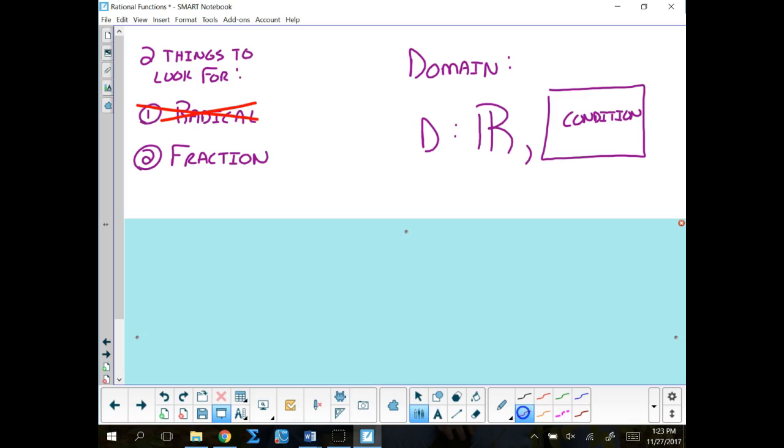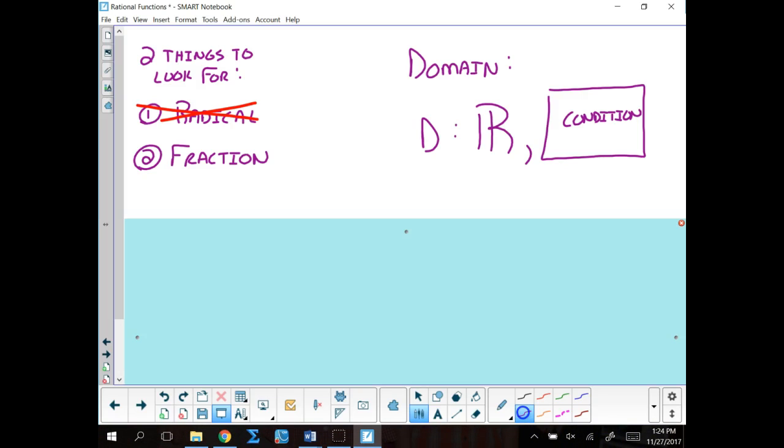Okay? That's how it looks. There is no changing that. Okay? From this day forward, if your domains don't look like that, are you right or are you wrong? You are wrong. Okay?